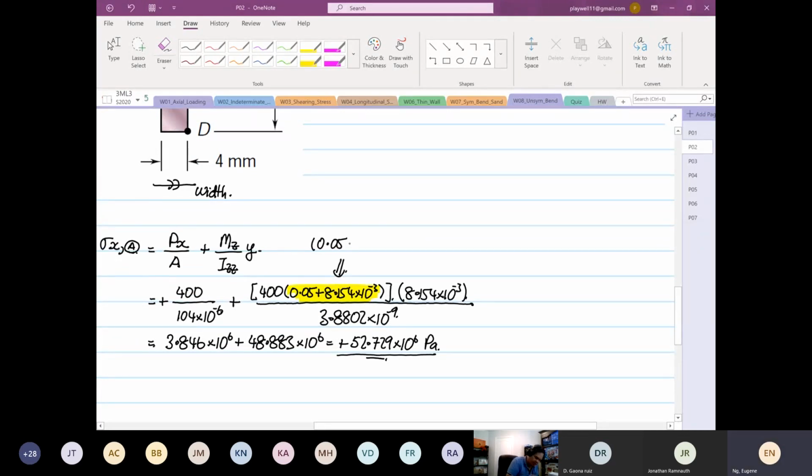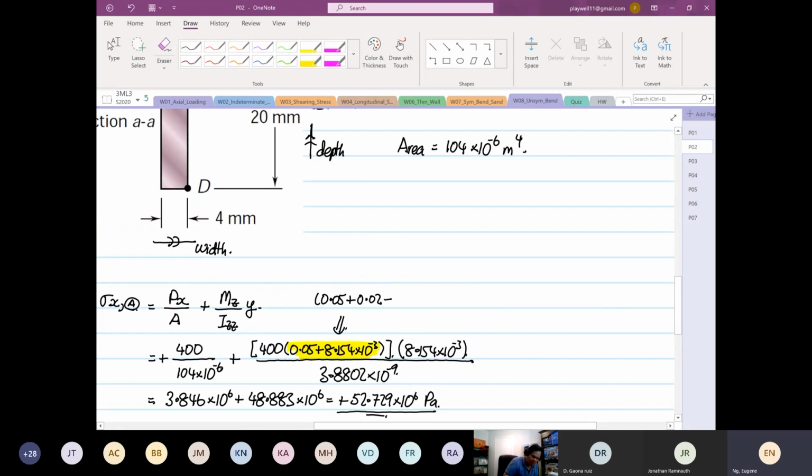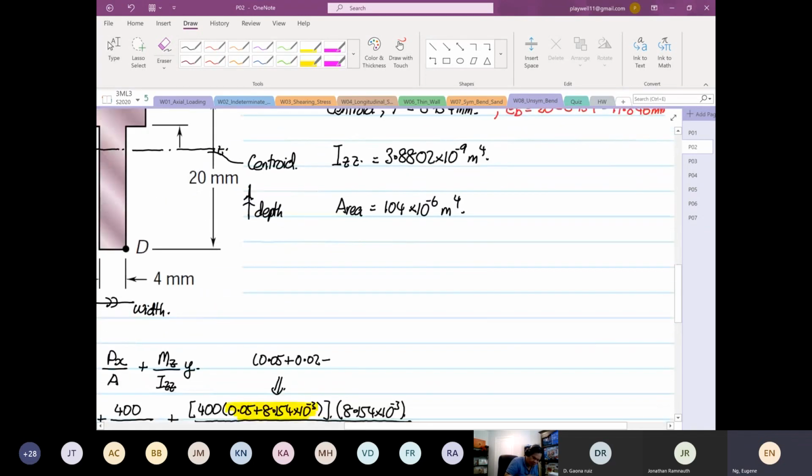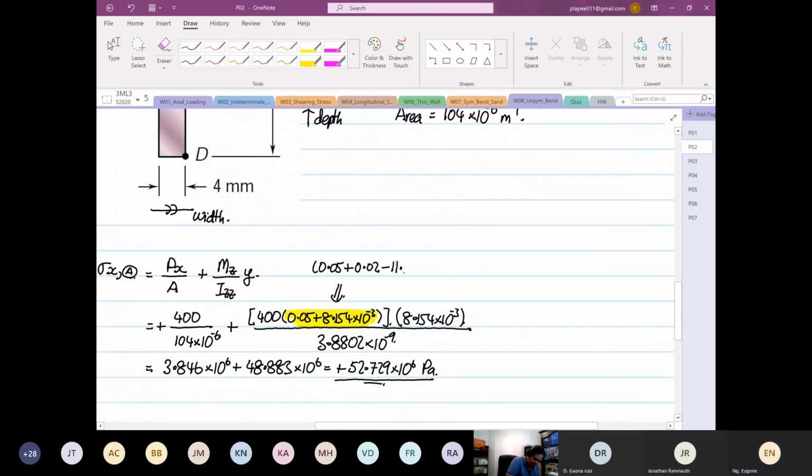Then you have to plus the entire thickness, and then minus 11 point what? 11.854, 11.846. So this answer and this answer will be the same eventually. But if you forget to minus here or plus any of this, you're done.